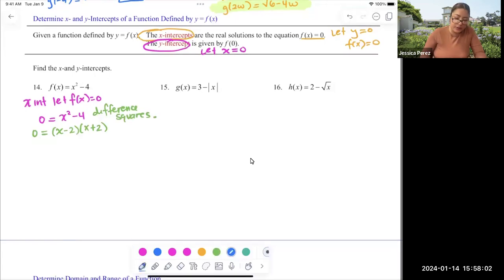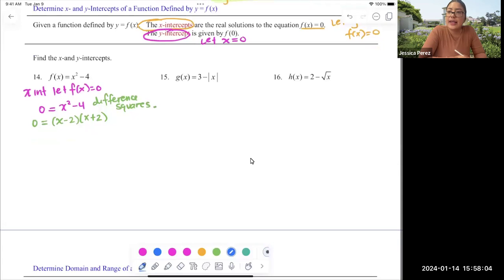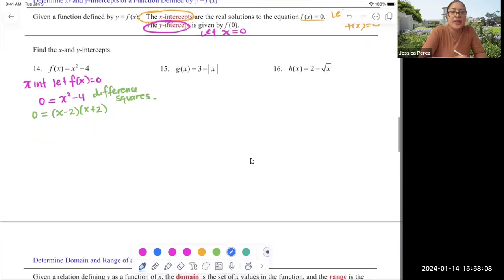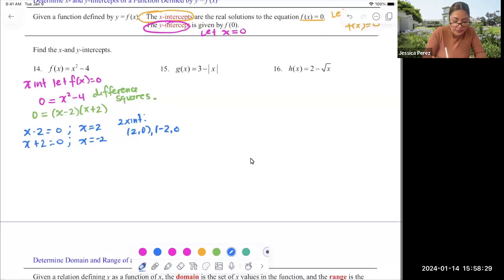If you do not, please email me or go to tutoring, and I'm happy to help. To refresh your memories, I have x minus 2 equals 0, x plus 2 equals 0. So I will have x equal 2, and x equals negative 2. That means that I have two x-intercepts at (2, 0) and (negative 2, 0).